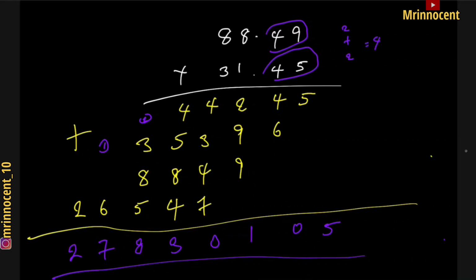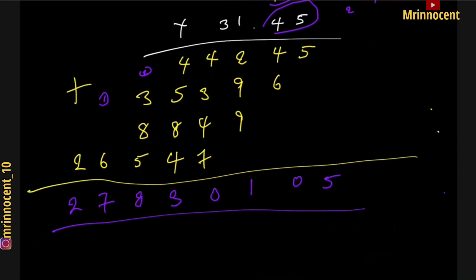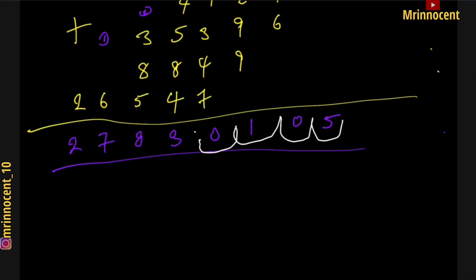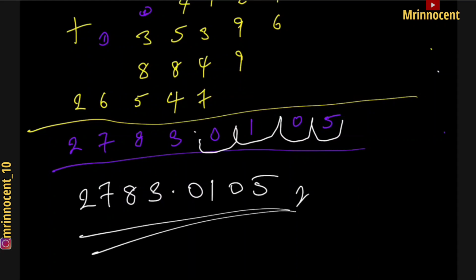So now count backward. So you have 1, 2, 3, 4. So therefore you have 2783.0105. Thank you for watching.